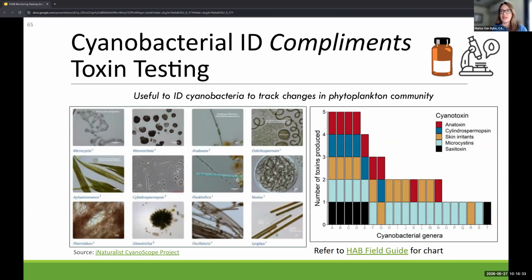All right, so why is this identification useful? Again, we're trying to take that down to the downstream analyses. The graph here on the right shows common cyanobacteria genera and the number of toxins that they can produce. So yes, it's more than one toxin class for many genera. In a community of cyanobacteria you identified, you might have two dominant genera, but they're not necessarily only going to produce microcystins.